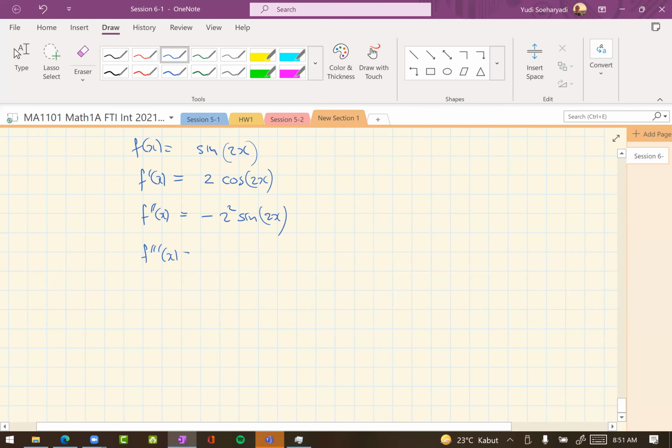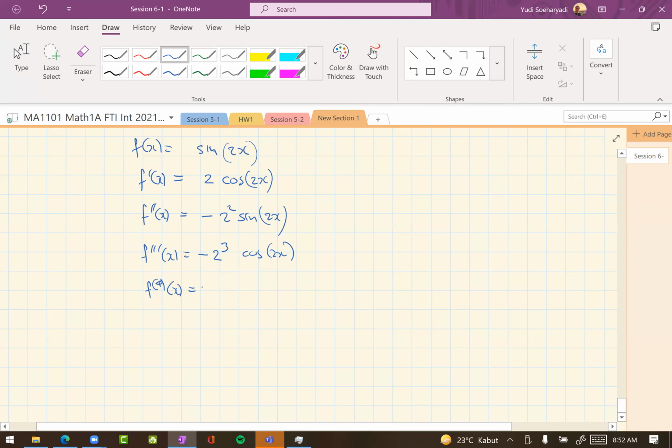Third, sine becomes cosine again. Same angle. But, oh, minus sign, because the minus stays minus. But another 2, so it becomes 2 cubed. Okay.